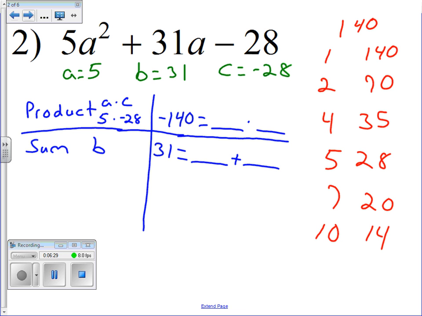Now, since I'm looking for a negative, one of them has to be positive, one of them has to be a negative.